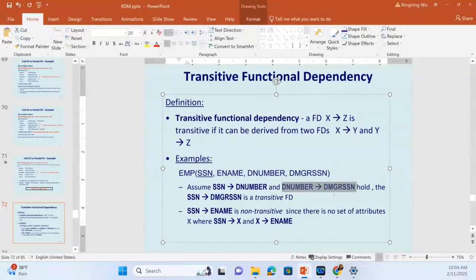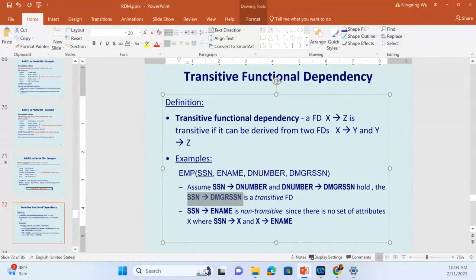So now we have two functional dependencies. SSN determines dnumber is the default, and dnumber determines mgr SSN is a relationship between these two attributes. Then we can consider SSN determines mgr SSN. So this is transitive. By transitive, it means that a non-prime attribute is transitively dependent on the key.